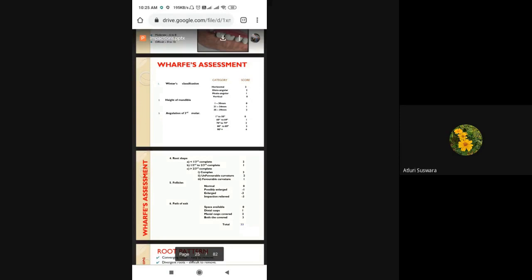So this is the height of the mandible. If the height of the mandible increases, the depth of the impacted tooth also increases. We need to go deep into the bone, and we need to trim an abundant amount of bone. Trimming bone causes a lot of inflammation and swelling post-operatively.